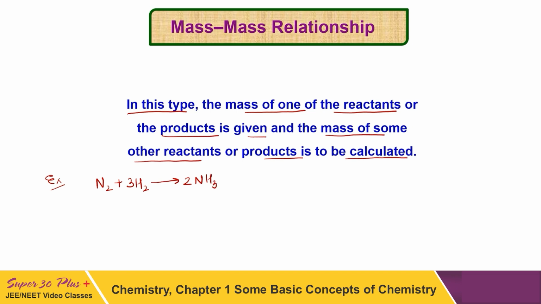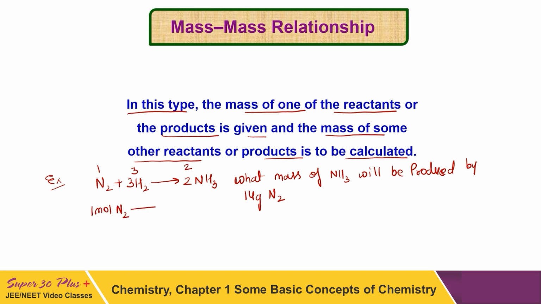Now if I ask you what mass of NH3, ammonia, will be produced by 14 gram nitrogen. Suppose you have 14 gram of nitrogen, and you have to find out what mass of ammonia can be produced. So first of all, you will check the stoichiometry: 1, 3 and 2. Now it is clearly visible that 1 mole of nitrogen will give 2 moles of ammonia.